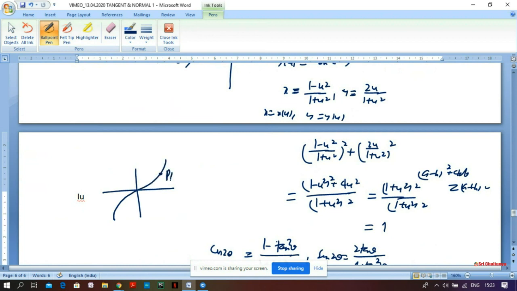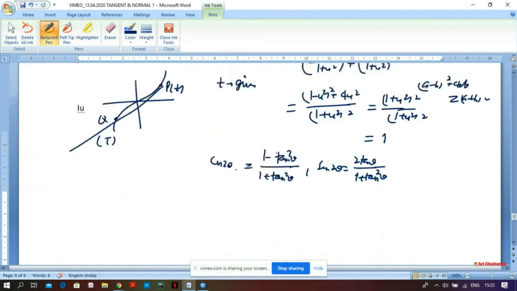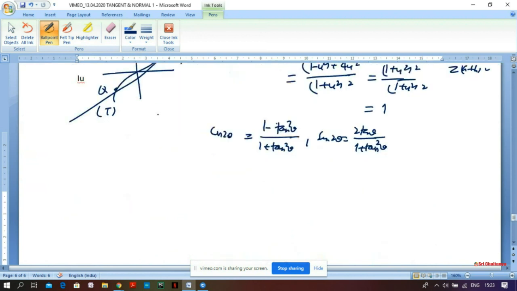some point P, that is, call it t, and some tangent, and it should meet at, say, Q. So Q I will write as capital T. Mind you, small t is given. Say here t equals 2, and I want to find capital T. So I can do like this. This is the method. Slope of PQ, I can write as this.